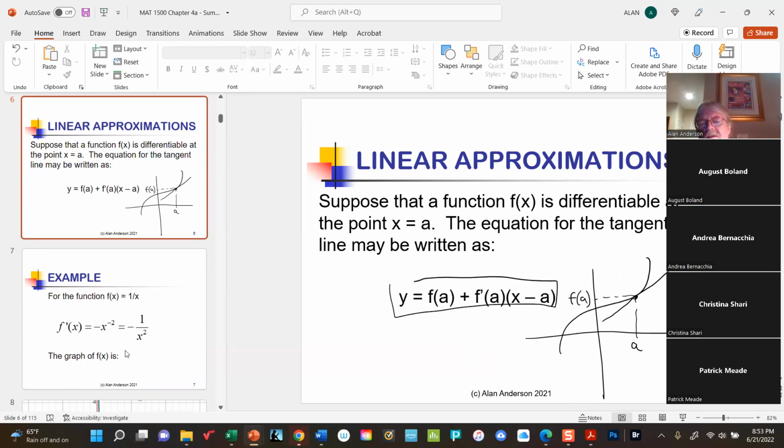It's written this way for a reason. You'll see as we go along, it's more convenient to express it this way. But this actually is the equation of that tangent line at point A. Okay, so we're going to look at a couple of examples of this.